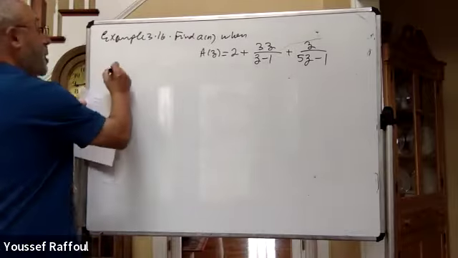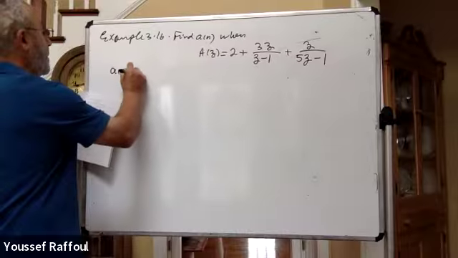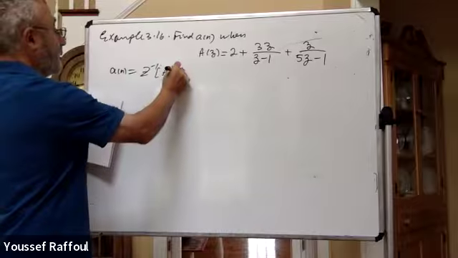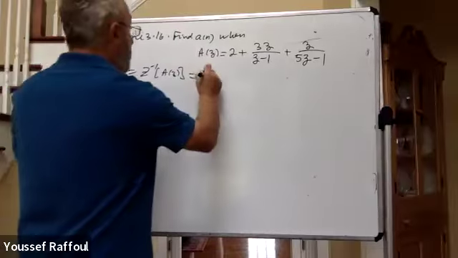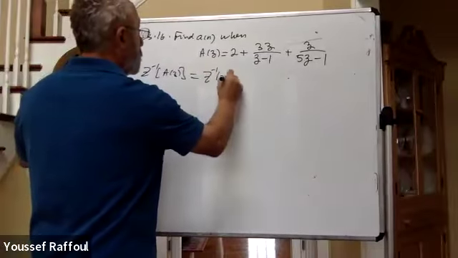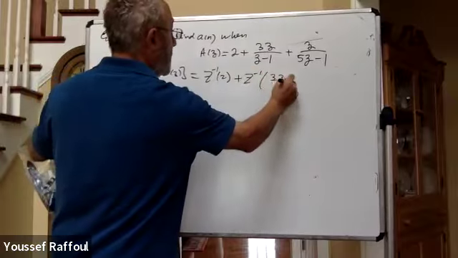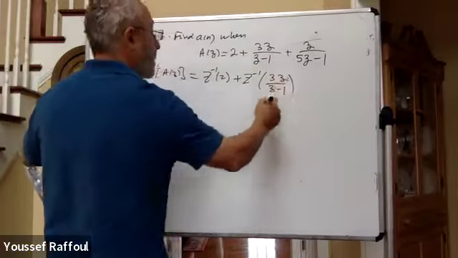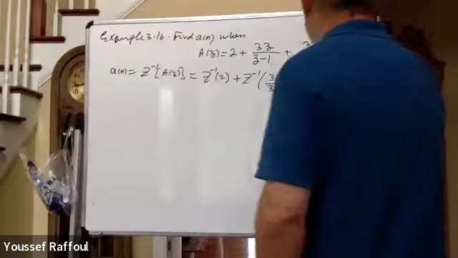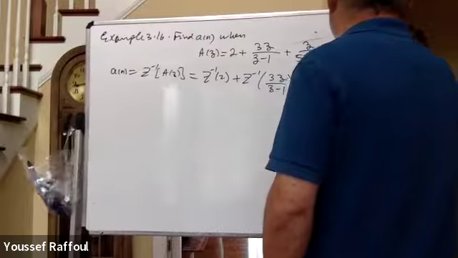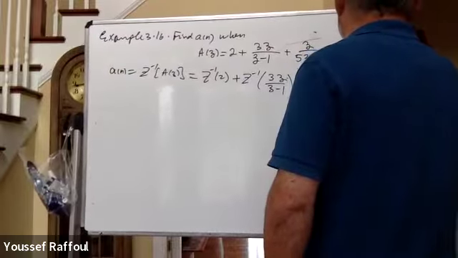So now we know that a_n is the inverse Z transform of A(z). And that is the inverse Z transform of 2 plus the inverse Z transform of 3z over (z minus 1) plus the inverse Z transform of z over (5z minus 1).